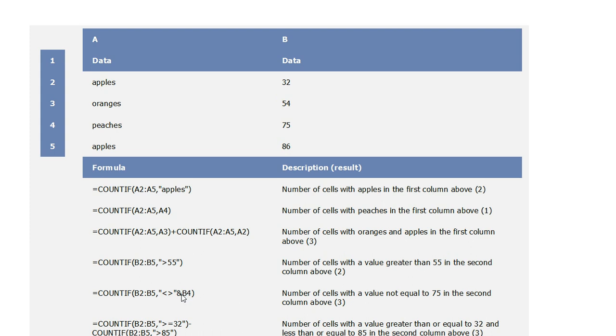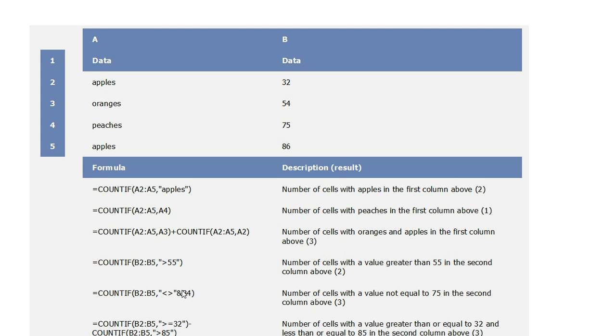This ampersand is just pointing to the address or the reference, cell reference B4.